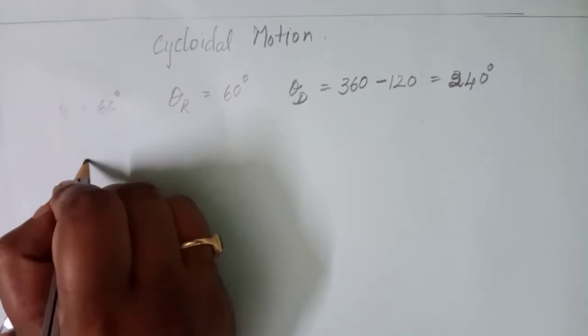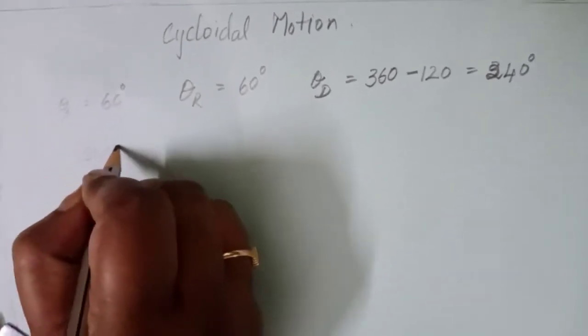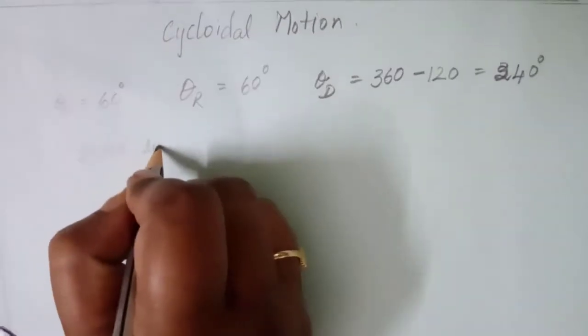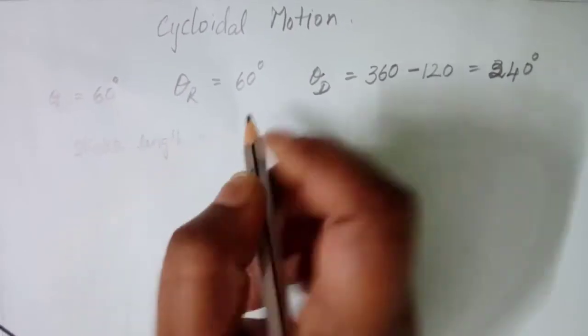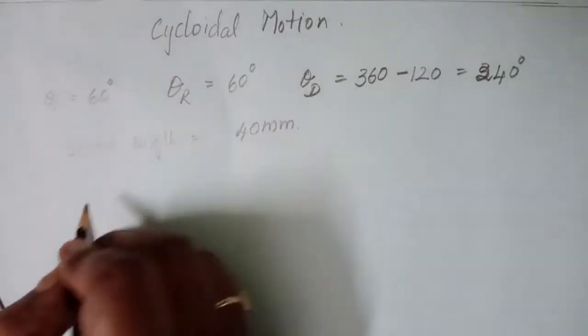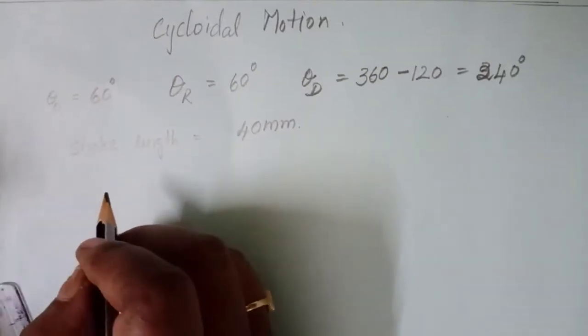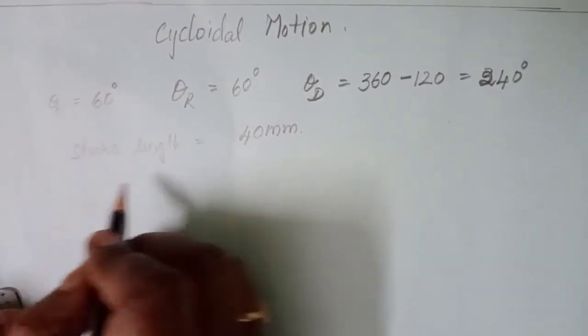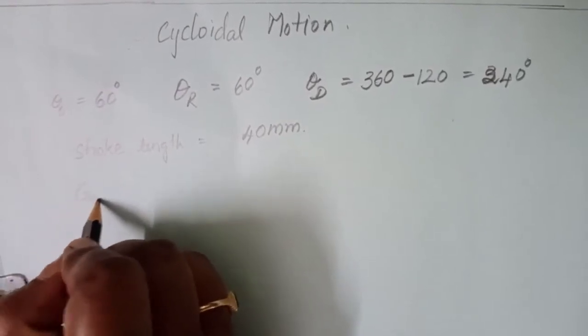Before going to that, the follower always has a stroke length. So I'm taking the stroke length as 40 mm. In a cycloid, there is always a generating circle. So how can you find the generating circle radius?